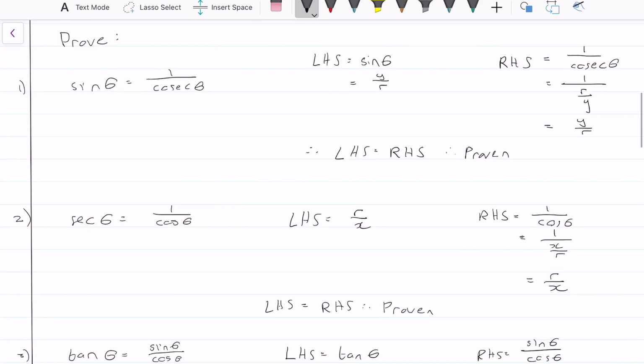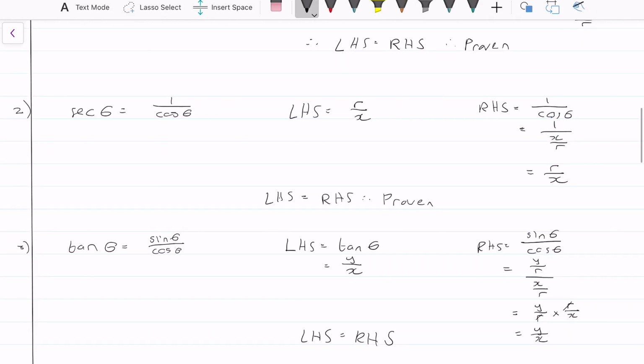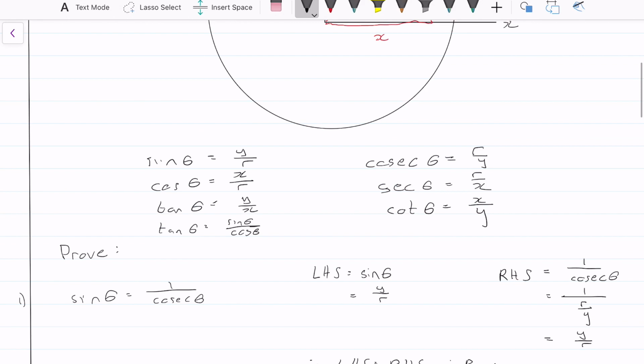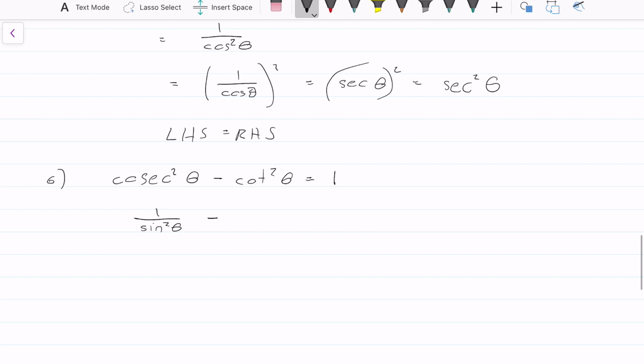We know that tan theta equals sine theta over cos theta, and we proved that right here, and therefore cot theta equals cos theta over sine theta. So using that, we have cot squared being cos squared theta over sine squared theta.